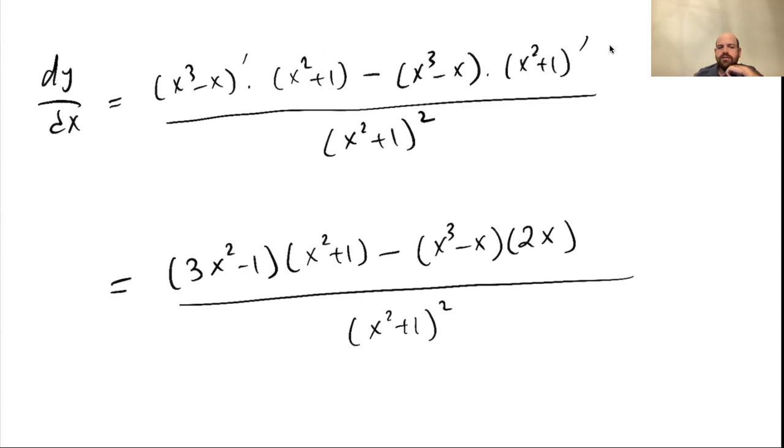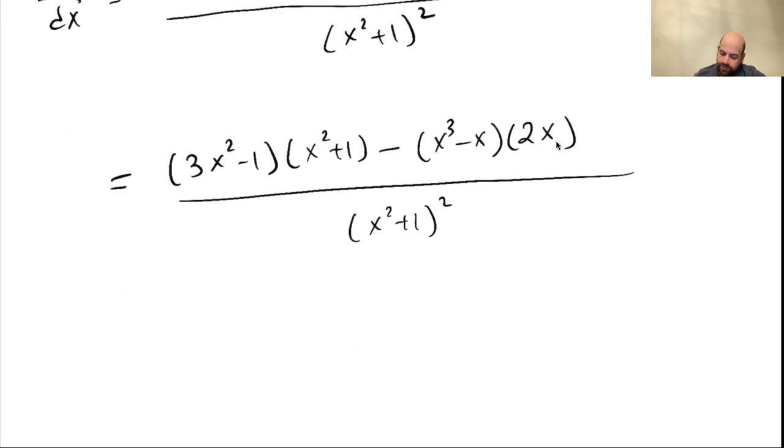Right? So derivative of x cubed minus x is 3x squared minus 1. And then derivative of x squared plus 1 is 2x, because derivative of x squared is 2x, plus derivative of 1, which is 0.